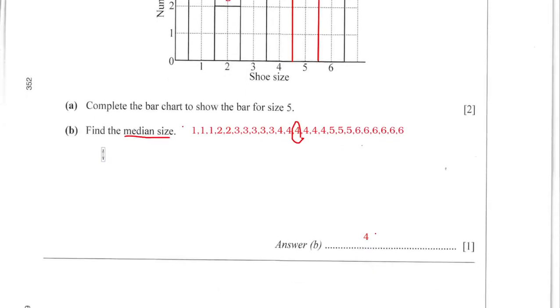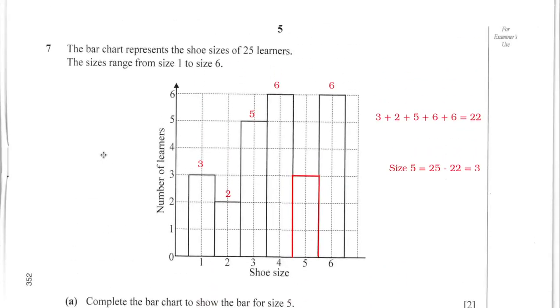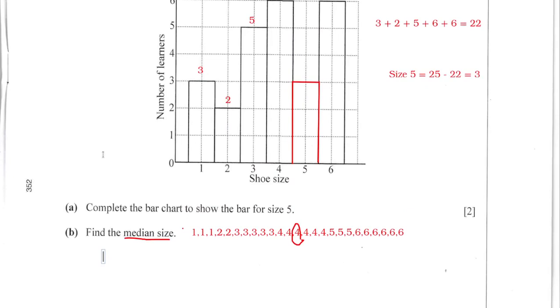The median position is equal to 1 over 2 times (n plus 1), where n represents the frequency. So it's 1 over 2 into the frequency, in our case 25, plus 1. Then that's 26 over 2. It's 13. So the median position is 13.